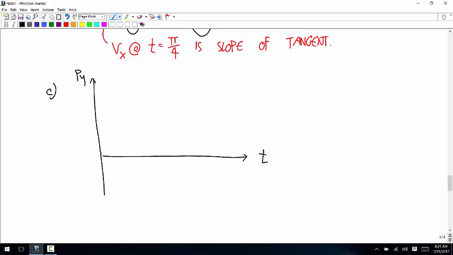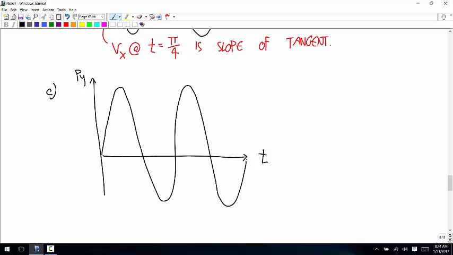This is a sine function, so it's going to be like that. Pi over 4 is here, and a tangent at that point is this.